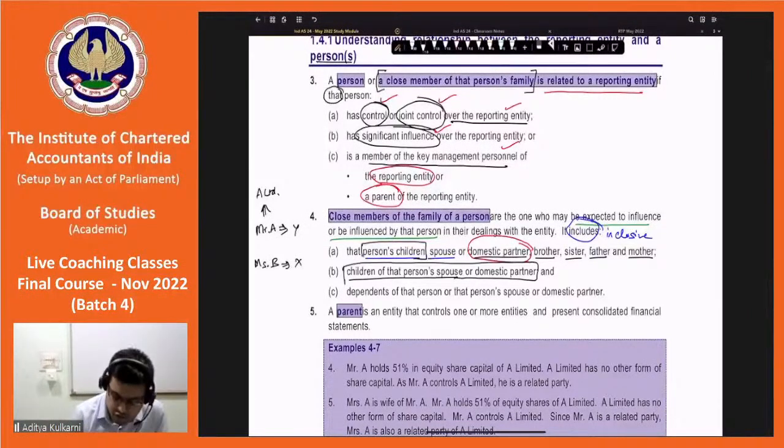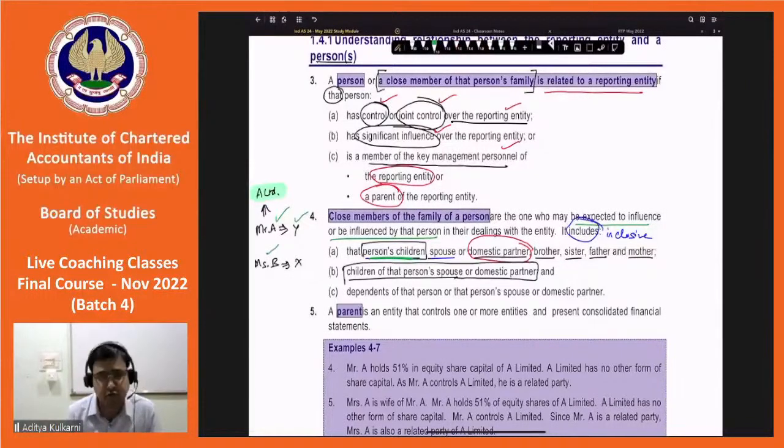So if I have to talk about A Limited now, obviously Mr. A has control. So Mr. A is a related party. Y is the person's children, so Y will be a related party.